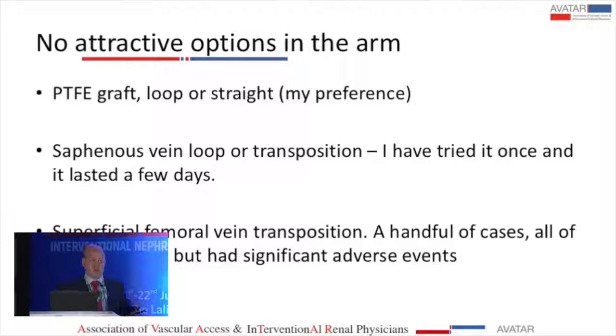I've tried it a couple of times, didn't have great results, decided not to do it again. And we've done a few superficial femoral vein transpositions, which is heroic surgery, followed by heroic complications, but also long-term patency. It stays patent for ages, a femoral vein transposition. I'm not talking about the saphenous vein, I'm talking about the deep vein of the leg here.